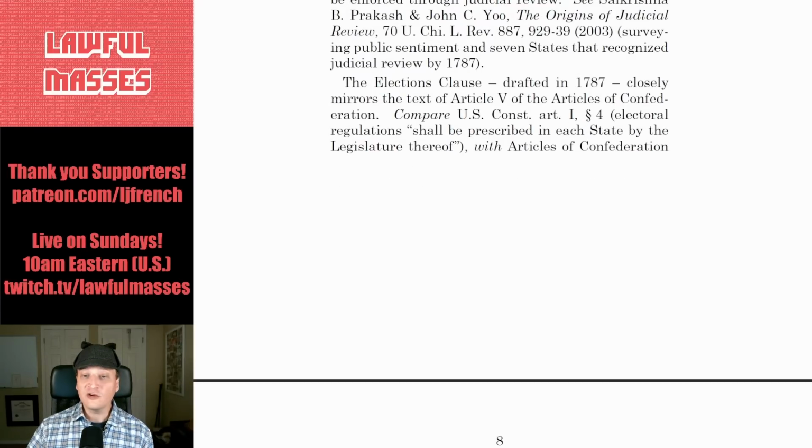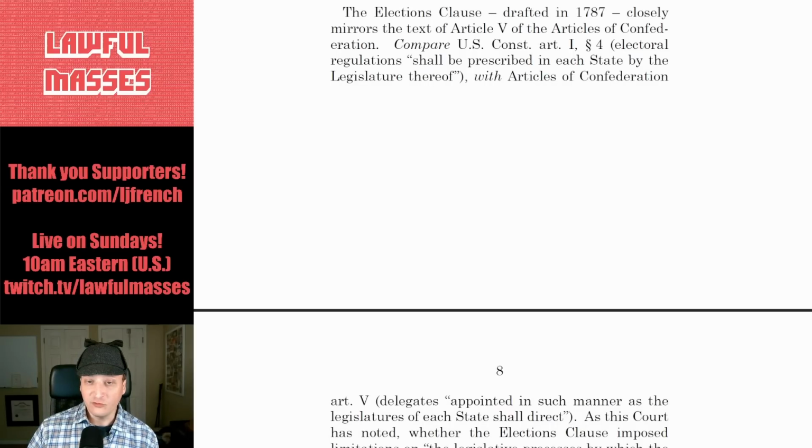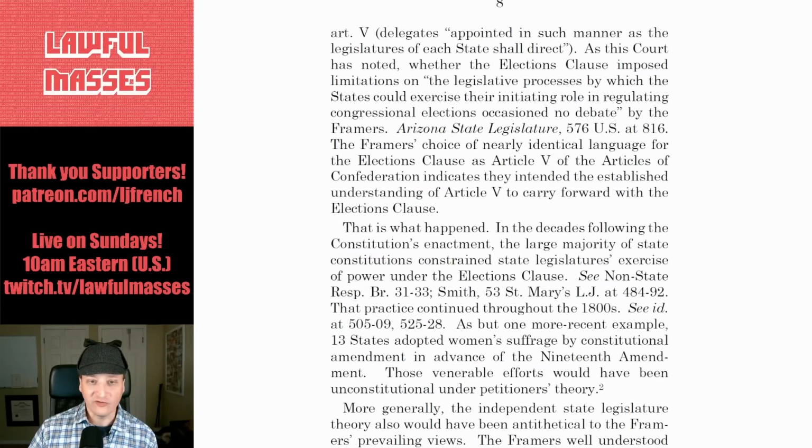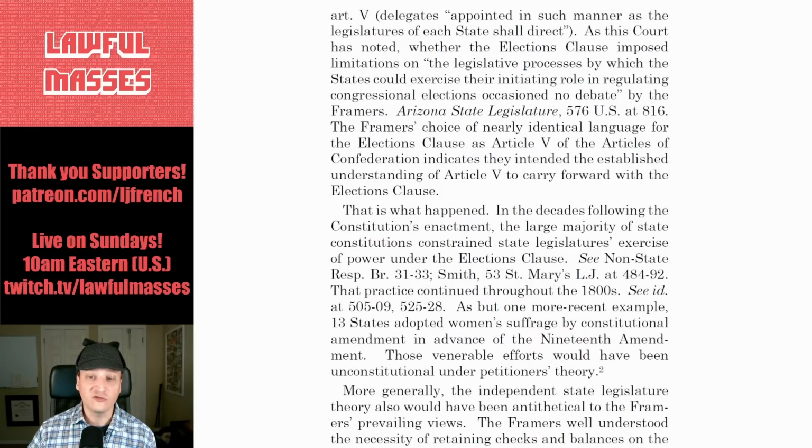The Elections Clause, the Federal Elections Clause, drafted in 1787, closely mirrors the text of Article 5 of the Articles of Confederation. Compare U.S. Constitution Article 1, Section 4, electoral regulations shall be prescribed in each state by the legislature thereof, with the Articles of Confederation, Article 5, delegates appointed in such manner as the legislatures of each state shall direct.